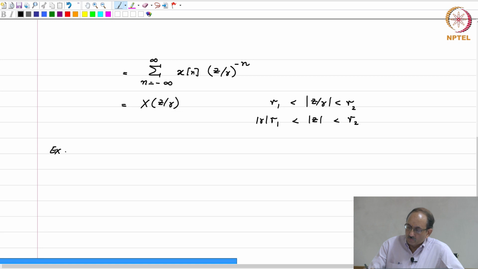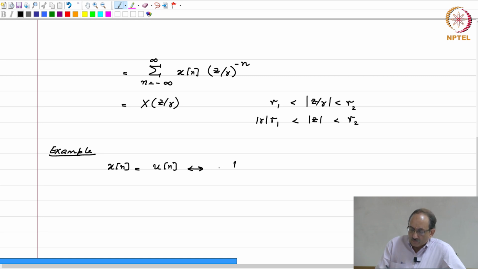And as a simple example, suppose we start off with x of n to be u of n. This is a special case of a to the n u of n where a is 1. So, this Z transform is clearly 1 by 1 minus z inverse with mod z greater than 1.